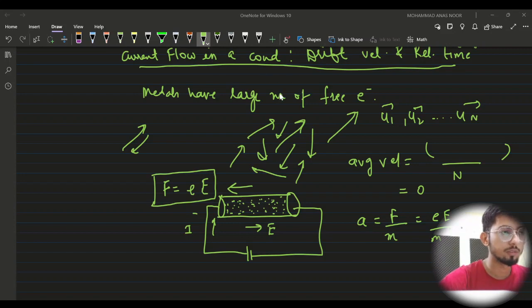After they collide, they start moving again because there is a continuous electric field being applied. They collide, stop, and start moving again. This process is continuous.